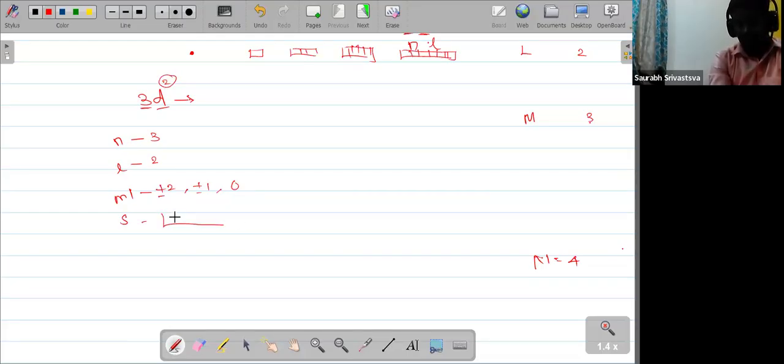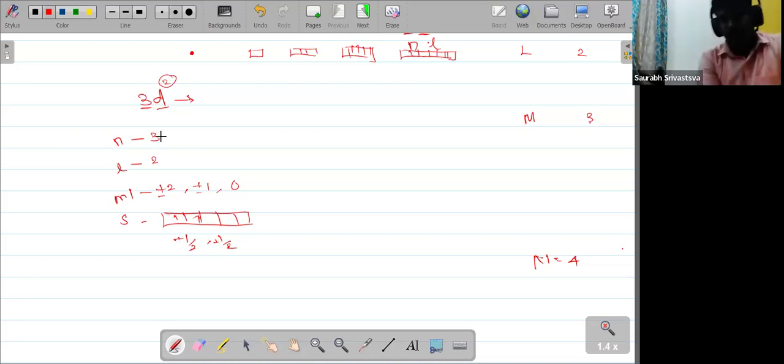Either in the particular orbital; overall 5 degenerate orbitals will be there. For the first electron and second electron, we can write the ml value, and the s value either plus 1/2, and next also plus 1/2. We have to write like this. Clear? So if they ask a question like that, we have to write like this.